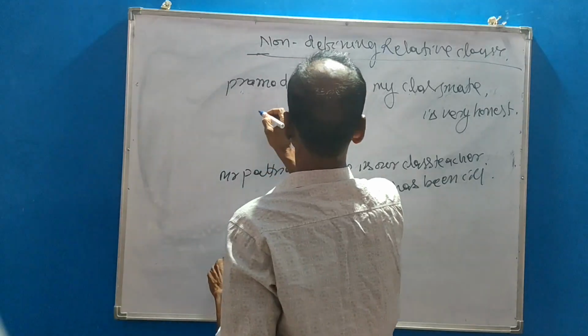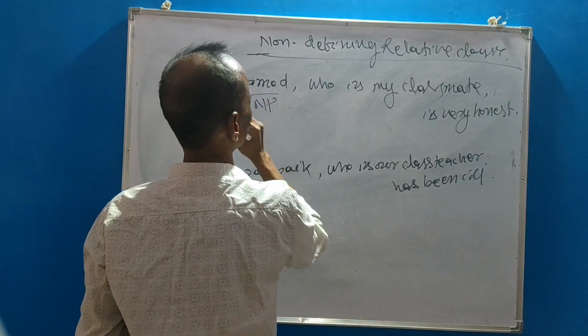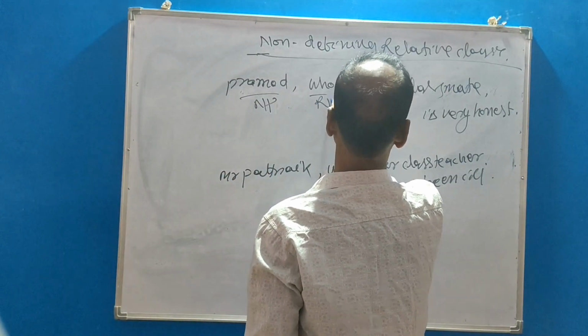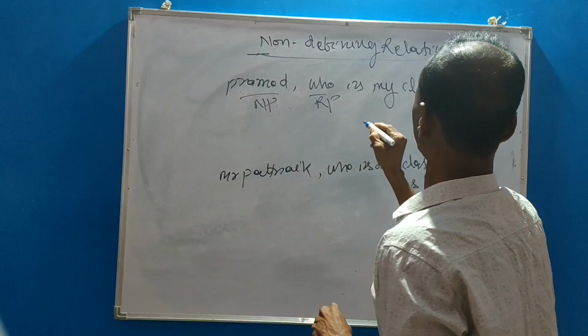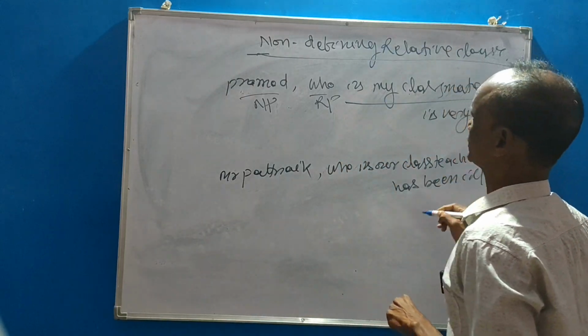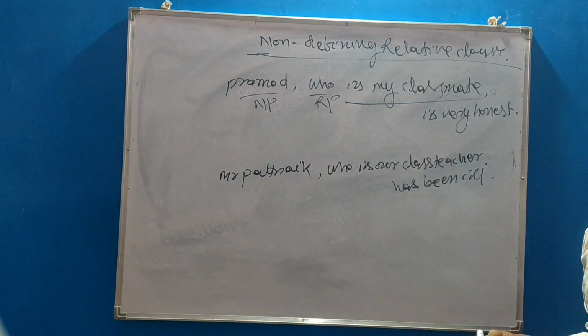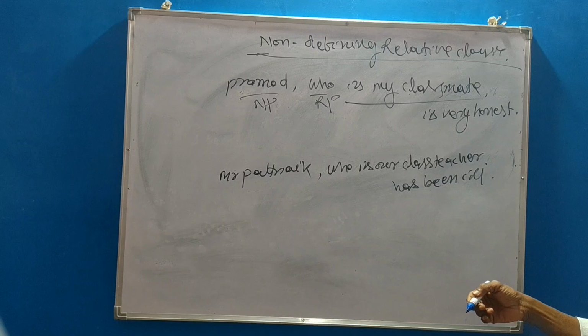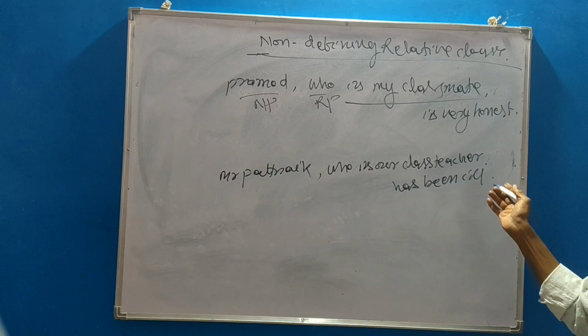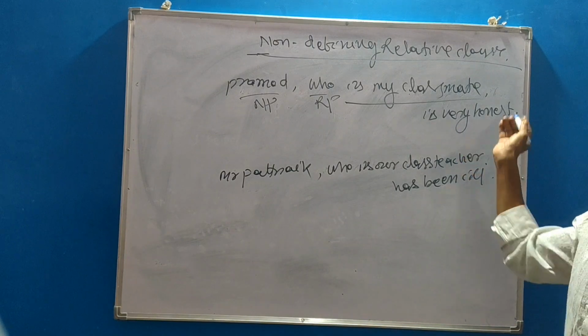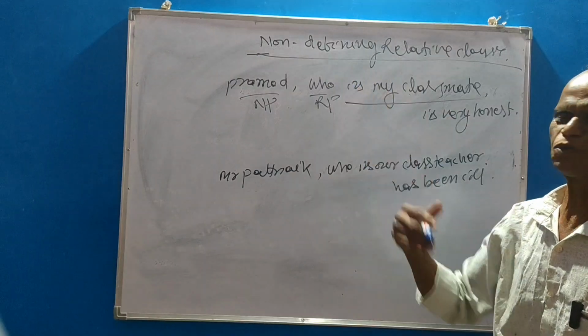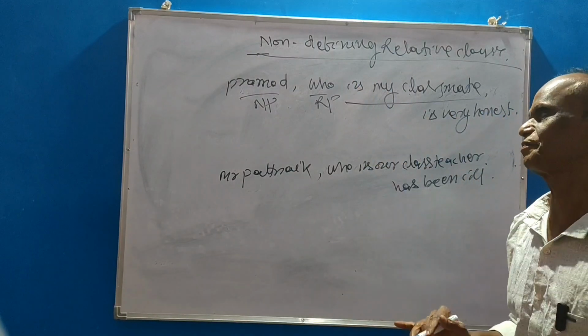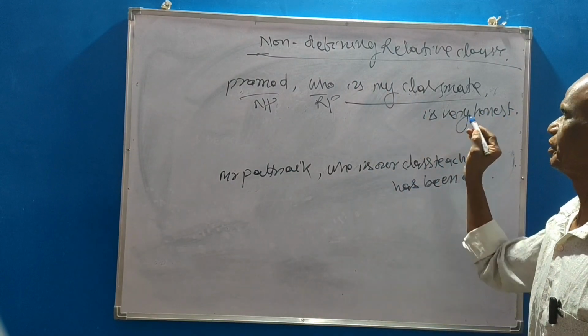That is Pramod, noun phrase. Who, relative pronoun. Who is my classmate? It is a non-defining relative clause because, who is very honest? Pramod, who has already been defined. So it is a non-defining relative clause.